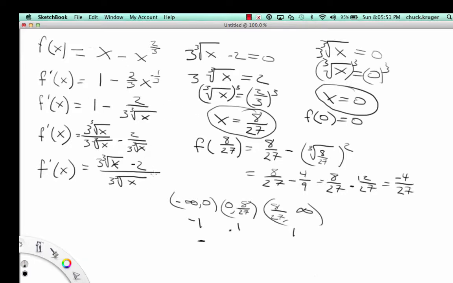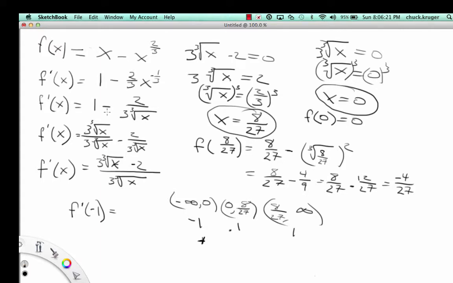I'm sorry, I'm putting it in the wrong place. I want to figure out what f prime of negative 1 is. If I put negative 1 into f prime, I'm looking at the signs. The cube root of negative 1 is negative 1, 3 times negative 1 is negative 3, so I'll have 1 minus a negative 2/3. It's positive. I'm sorry about that.